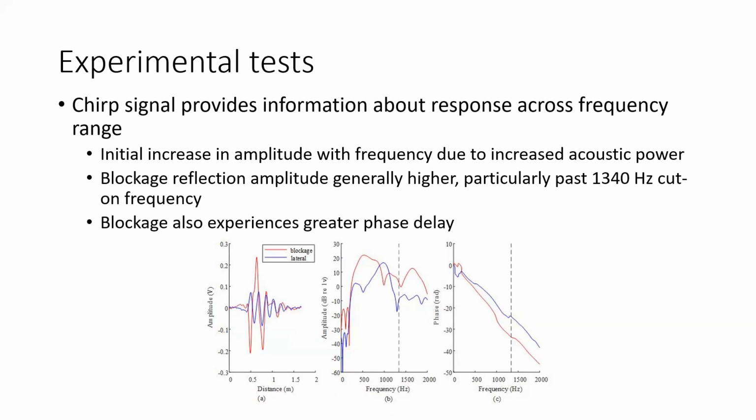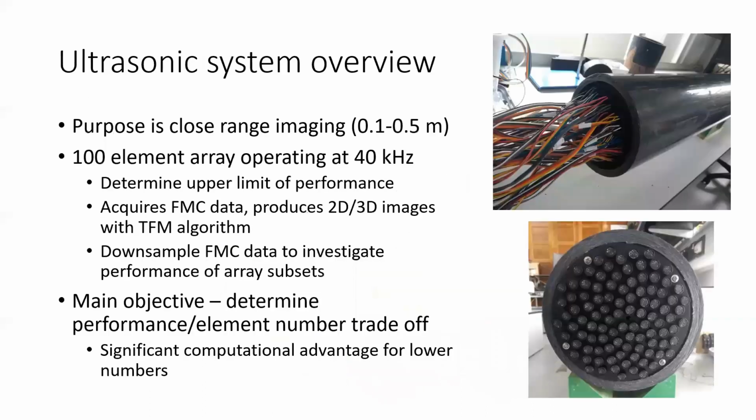So past the cut-on frequency of the pipe, you can see that there is a wide gap between the two, between the blockage and the lateral, with the blockage producing a higher amplitude, as expected. Another potentially useful thing is the phase response is different. So as you can see on the right there, the blockage experiences a much greater phase delay, and this only increases as you increase the frequency.